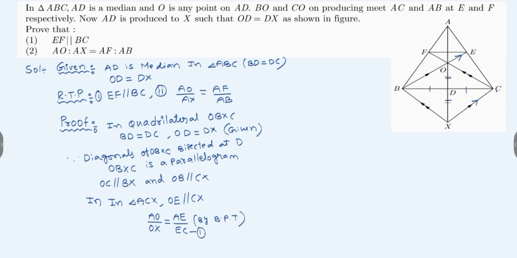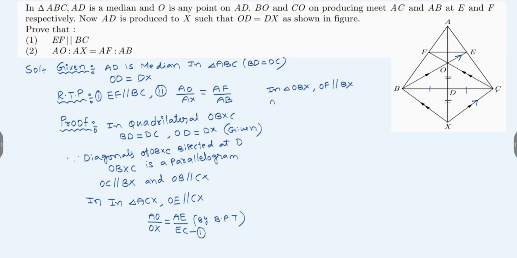Now in the similar way, let's take another triangle ABX. In triangle ABX, we know OF is parallel to BX. Why OF is parallel to BX?